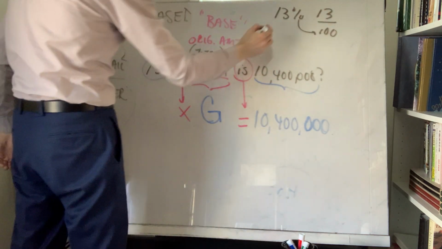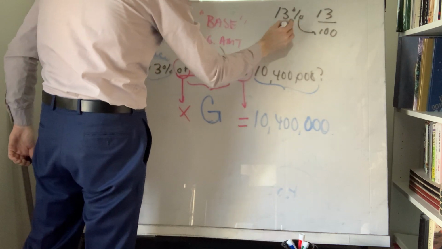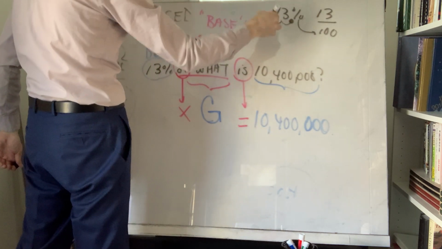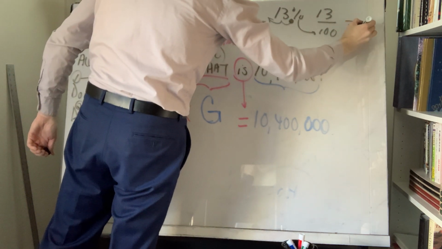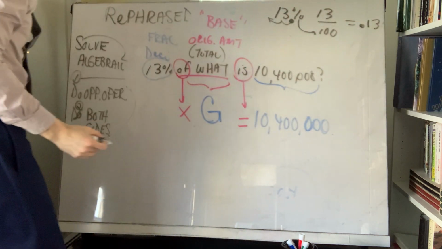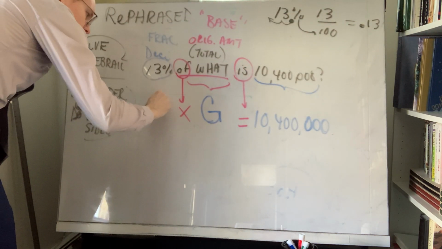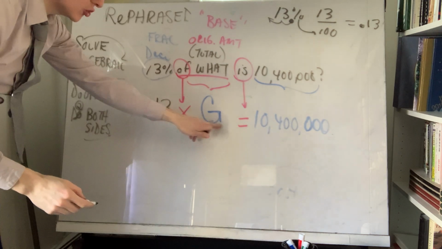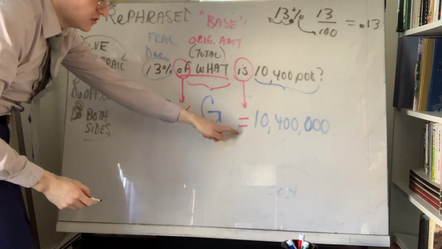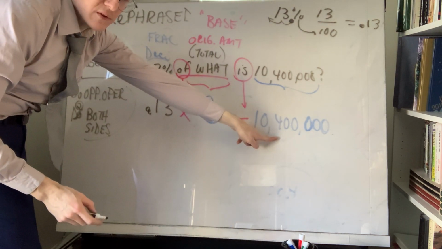As a decimal, actually doing the division, it would be 0.13. So you have 0.13 times this mysterious German population is that number, the people who are under 15.